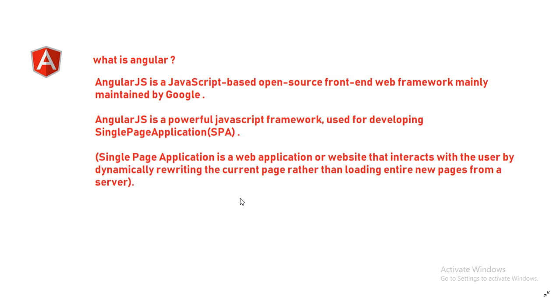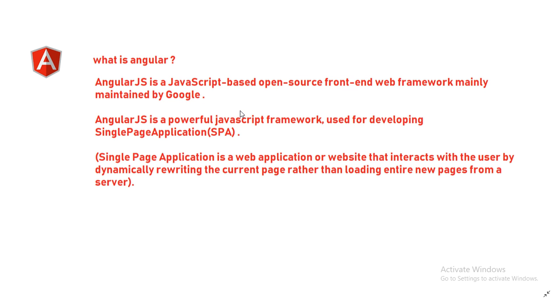Suppose that we have an application, and there is one page named index.html, and within that page we want to perform all of the functionalities of our application. That is called a single page application. And friends, that's why we use AngularJS, because it is a very good framework for developing single page applications.